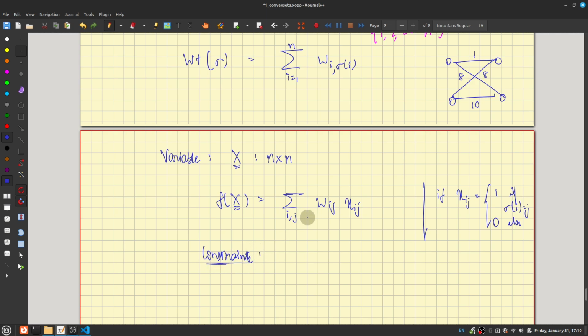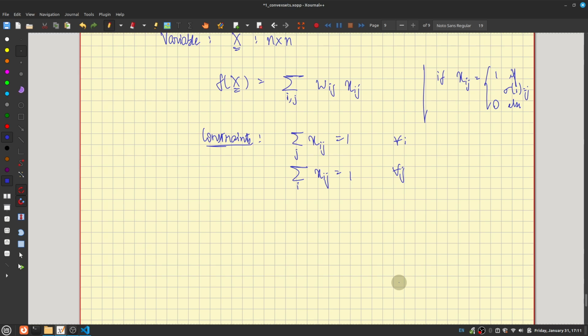So now what are my constraints? I want to impose the constraints that X should correspond to a permutation matrix. Which is what? How many ones can I have in each row? You look at each row of a permutation matrix, how many ones can it have? Exactly 1, right? So the summation over all j of xij should be equal to 1 for all i. Similarly, how many ones can I have in each column? Exactly 1, for all j.